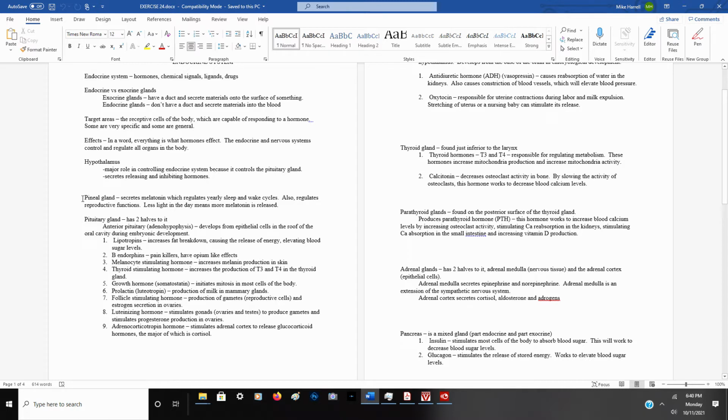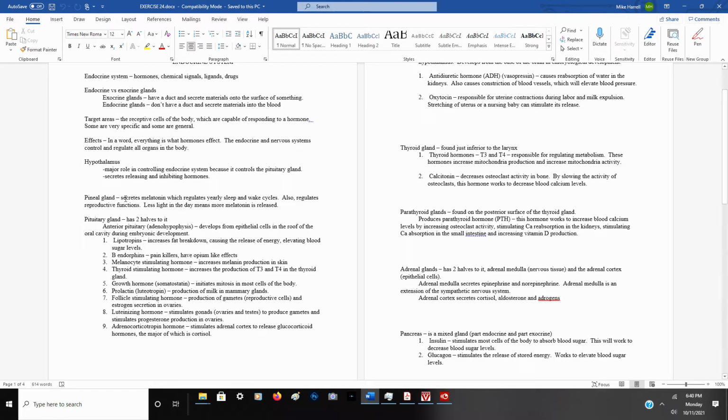Let's look first also at the pineal gland here. Now this may be called the pineal gland or pineal body, and it releases a hormone you may have heard of before called melatonin. Think of melatonin as something that mellows an individual out. In other words, slows them down, makes them less active, and at the same time it inhibits reproductive cycles.